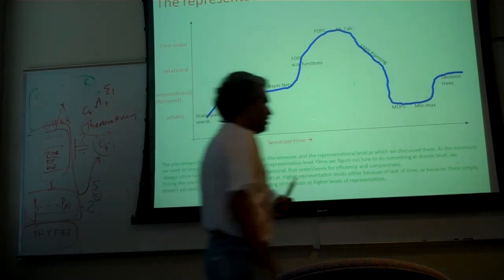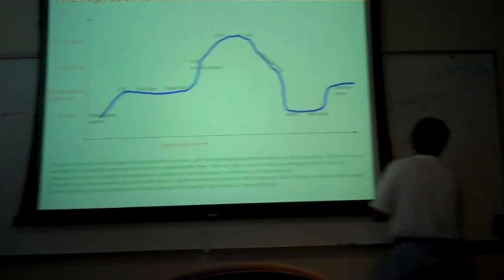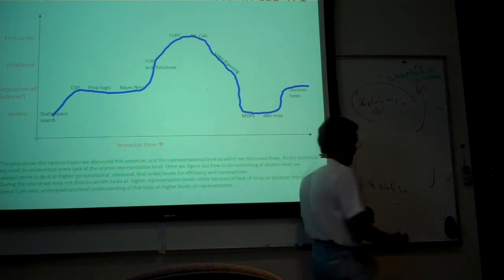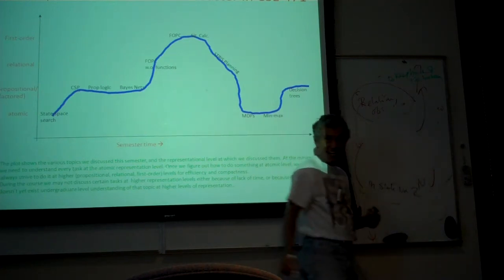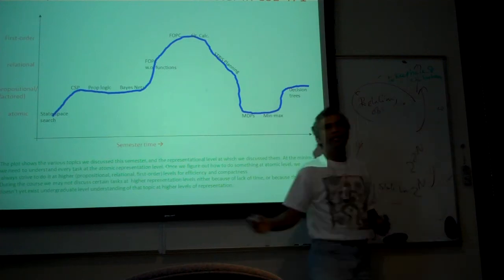Depending on what you want to say, if you have n state variables, you will have 2 power n states, and you will have 2 power 2 power n belief states.